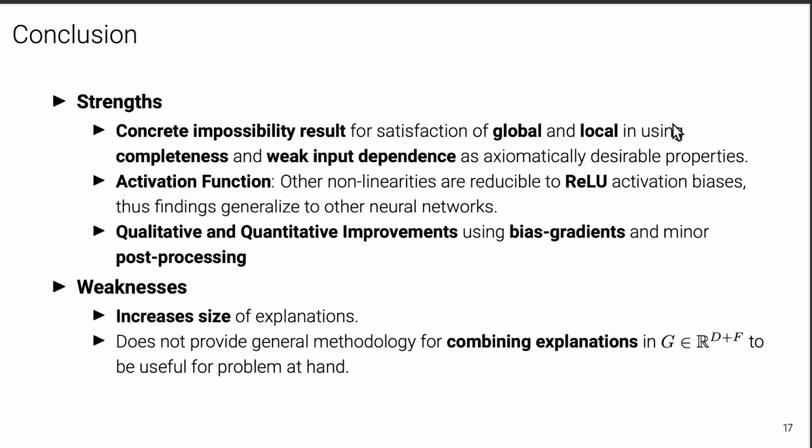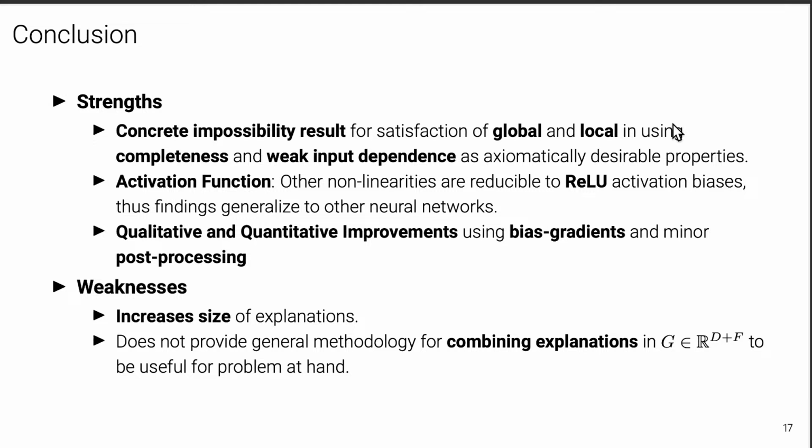So this is pointing to the way that you actually do need the complete information of Full-Grad in order to make a decision for your network output. And in the absence of this, we cannot guarantee that these two, completeness and weak input dependence, are holding.